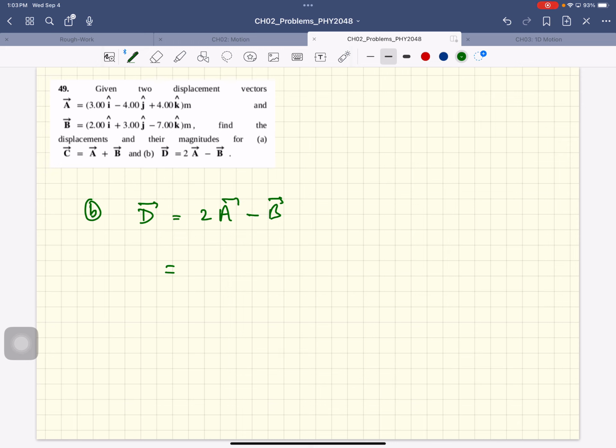So it's 2ax minus bx i plus 2ay minus by j plus 2az minus bz k.